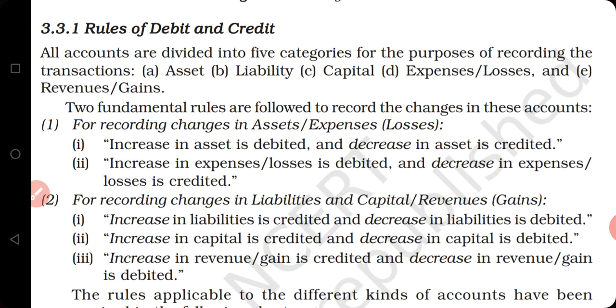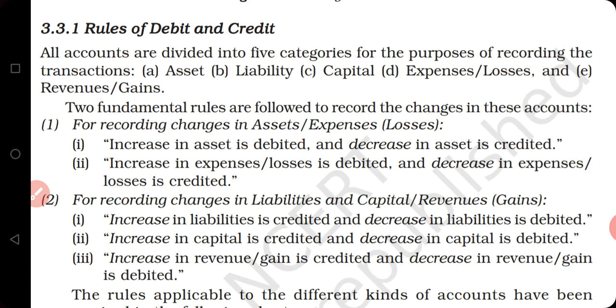These five categories are very clear, and the meaning and definition of each category you already learned in the first session. First is assets. Again, here I will clear: assets, liabilities, capital, expenditure, losses, and revenue and gain.